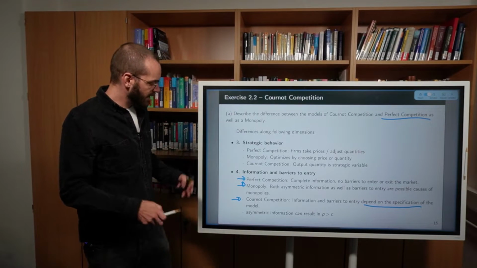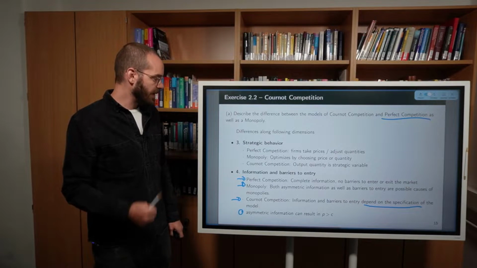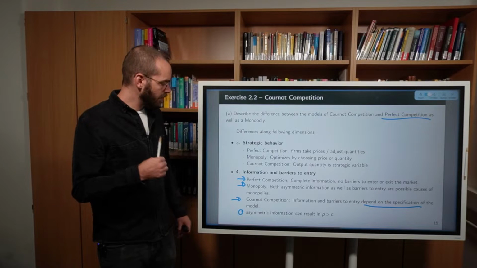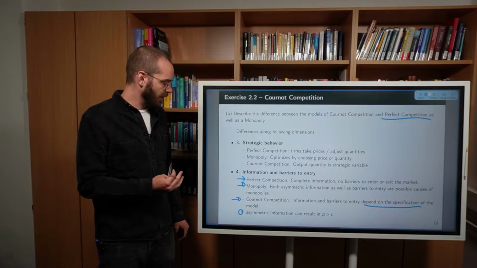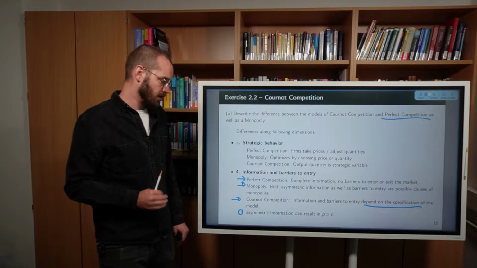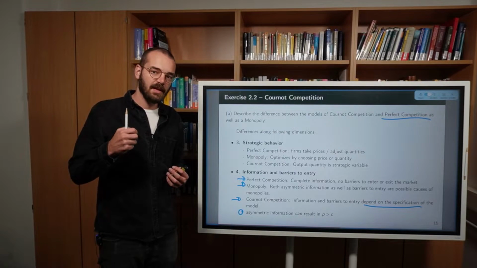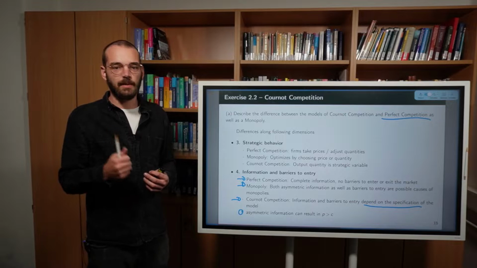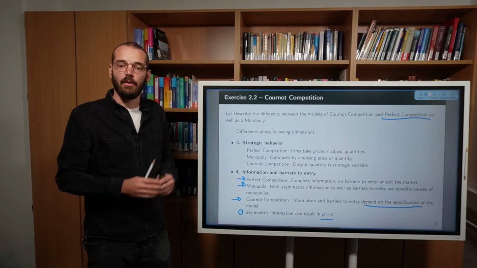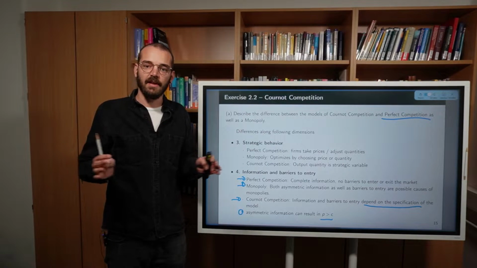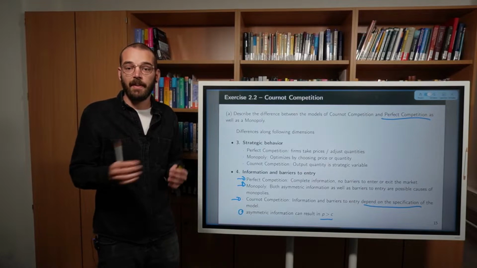In general, again, why is it important to consider these aspects, information and barriers to entry at all? Well, what we can in general observe is that if we include asymmetric information or if we include barriers to entry, we can get market results, equilibrium results, where we have a price that is larger than the marginal costs or that increases the price to cost margin above a benchmark situation.